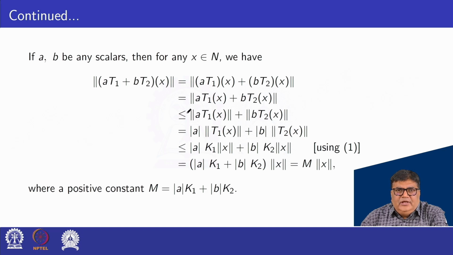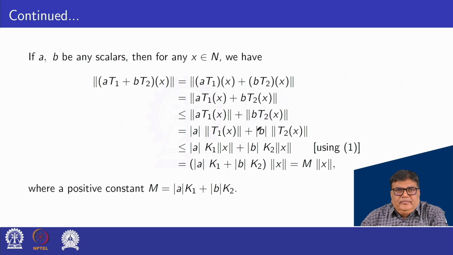This can be written as less or equal to norm of a T1x plus norm of b T2x. Here a and b are scalars, so we can write this as mod a times norm T1x and mod b times norm T2x.